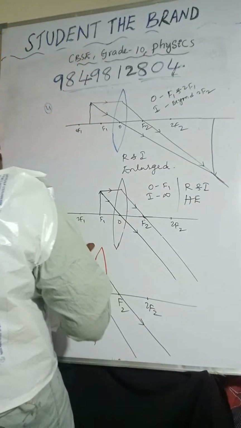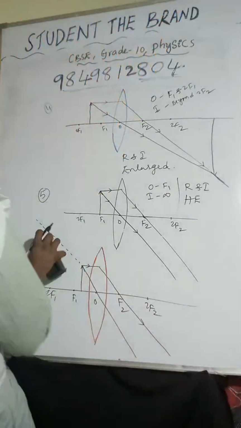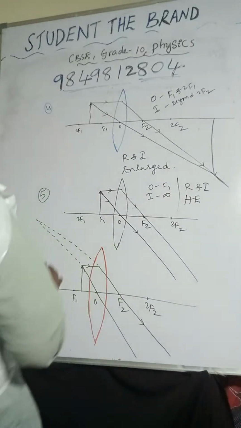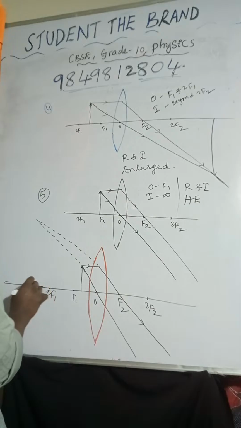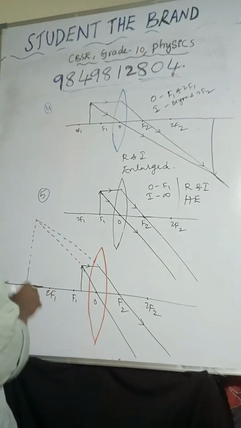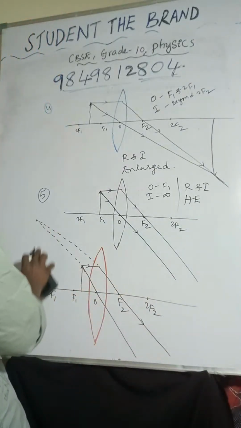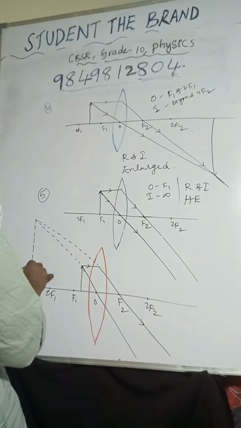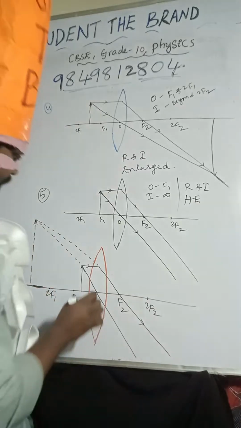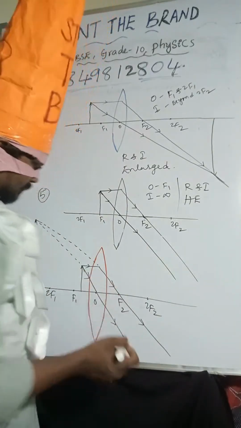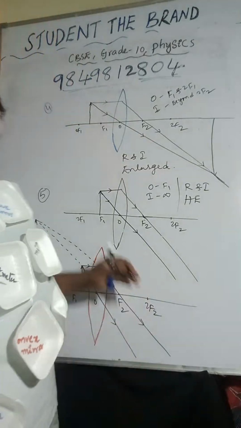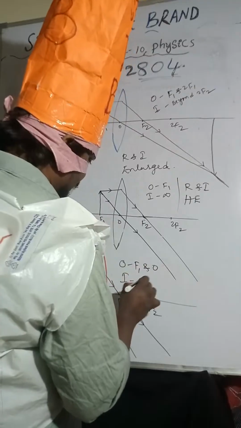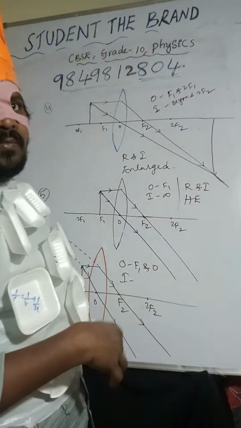If you are extending these light rays, okay, object is placed between F1 and O. Image is forming same side of the object.